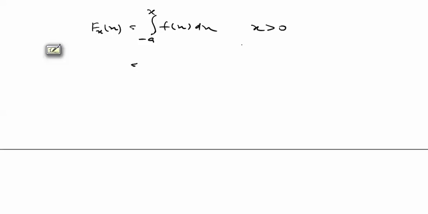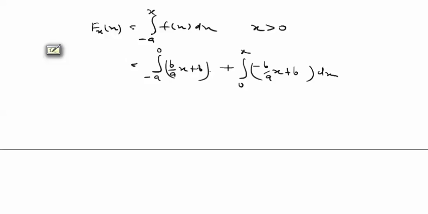For x greater than 0, we have to first integrate from minus a to 0 and then 0 to x, because at 0 the definition of fx changes, so we have to bifurcate the limits in this way so that we can calculate this term.